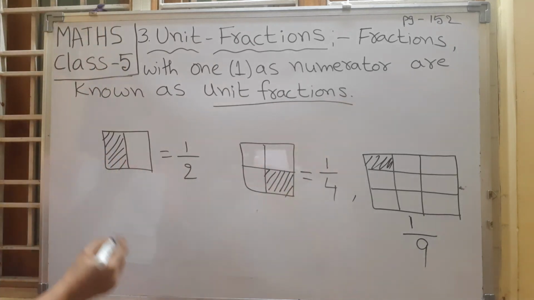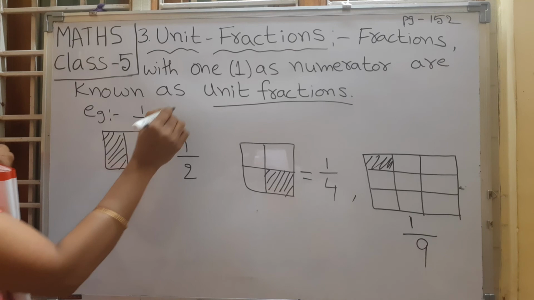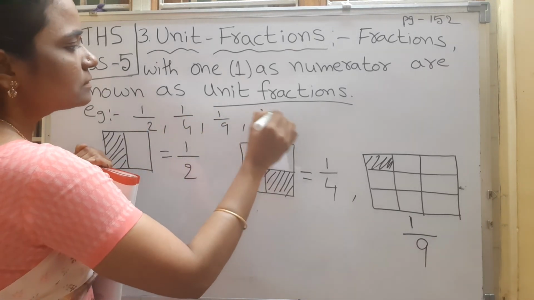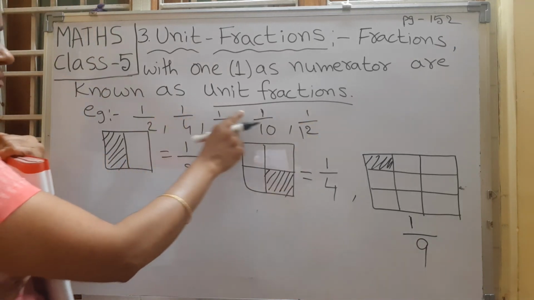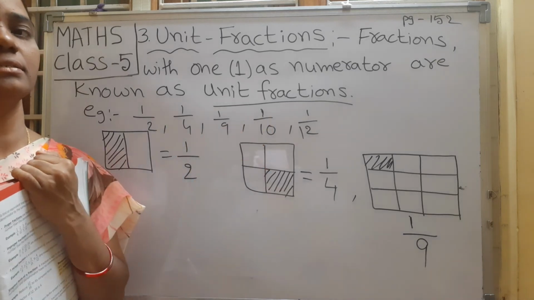Unit fractions. Examples. What are the examples? 1 by 2, 1 by 4, 1 by 9, 1 by 10, 1 by 12, whatever it may be. So here the numerator is 1. So these are the unit fractions.